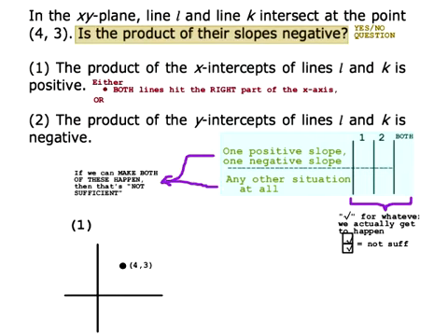Both lines hit the left part of the x-axis. I mean, this is the condition that you have to obey. So in other words, you have to have both lines do this. So in other words, we can draw both lines hitting this part of the axis if we want to. So let's say we can have this line and this line.